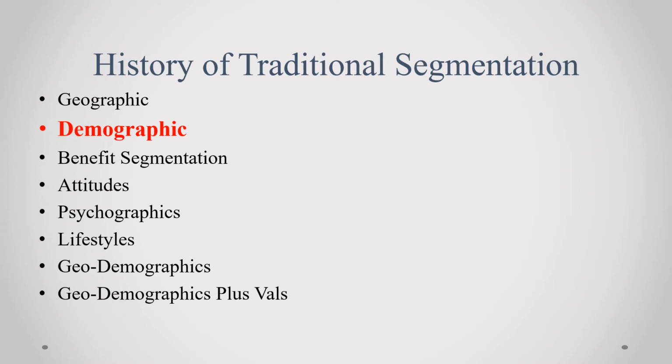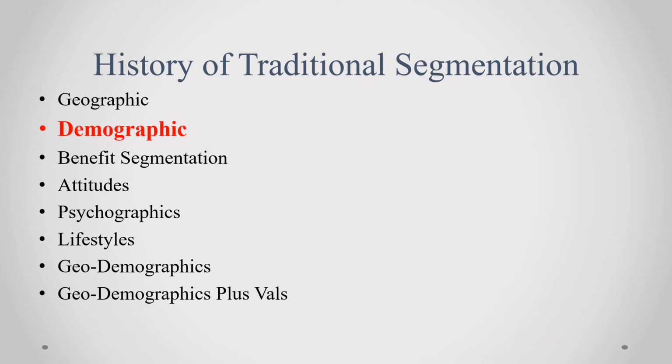The very first types of segmentation were geographic segmentation. This is where we changed how we were marketing a product and perhaps even the specific aspects of the product to fit the particular geographic region to which the product was being marketed.